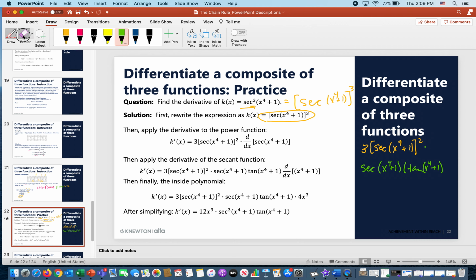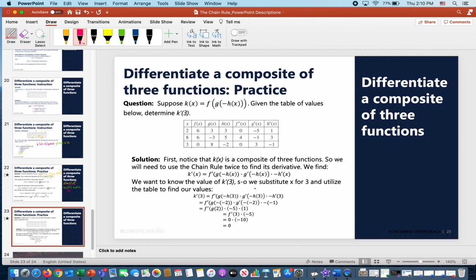One more thing to do is to multiply by the derivative of x to the fourth plus 1, which is 4x to the third. And so I'm going to multiply the yellow, green, and red terms together. Notice 4 times 3 is 12x to the third. Secant to the third: there's a secant to the second right here times a secant, which gives me that secant to the third. And then tangent.